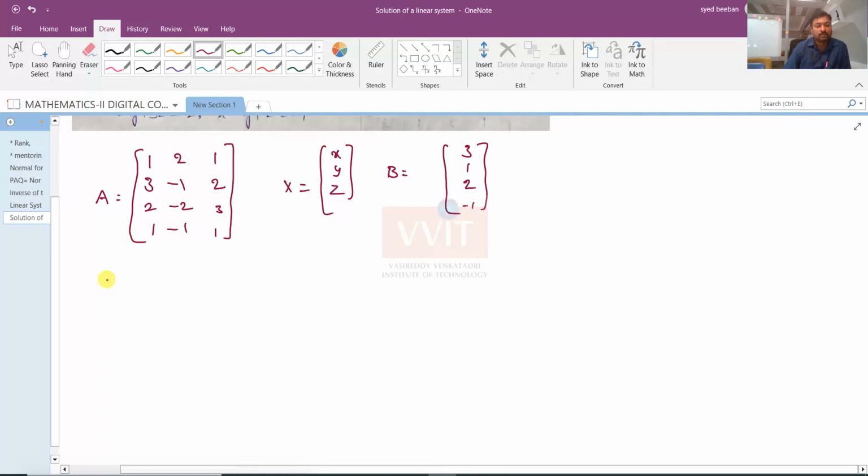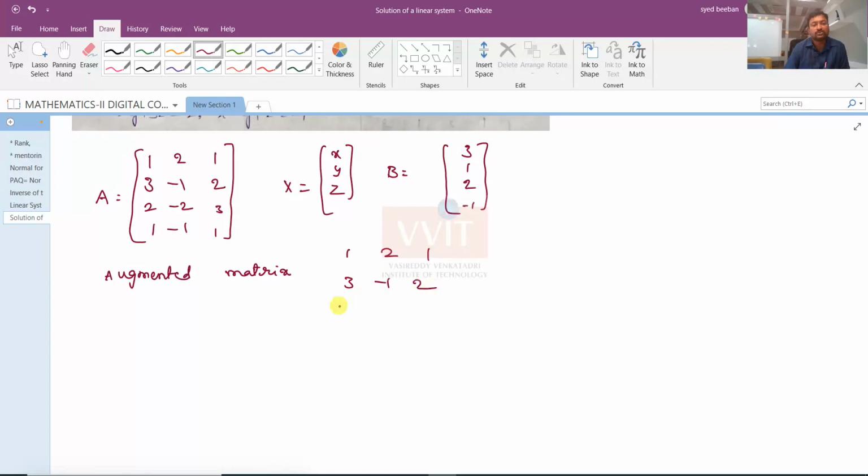The augmented matrix is 1, 2, 1, 3; 3, minus 1, 2, 1; 2, minus 2, 3, 2; 1, minus 1, 1, minus 1. So this is the augmented matrix.